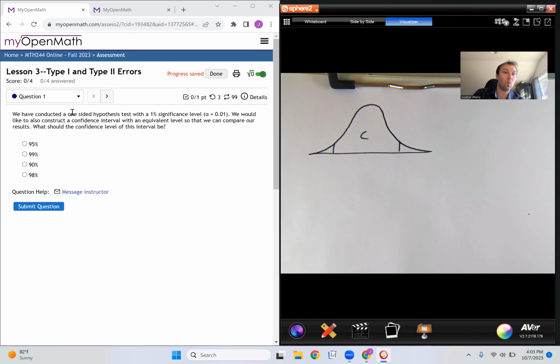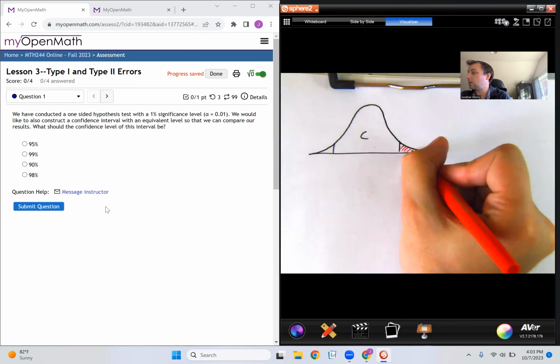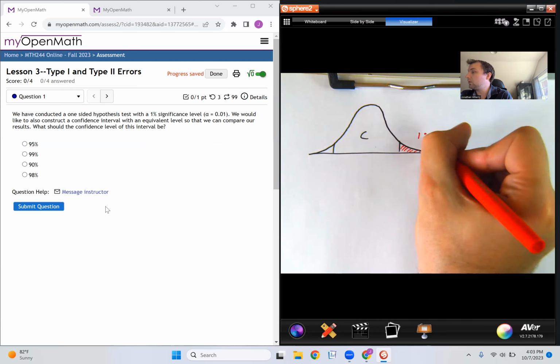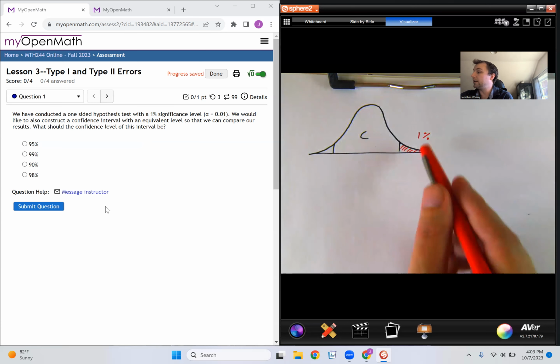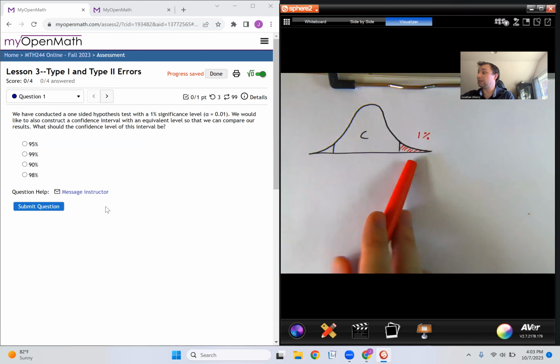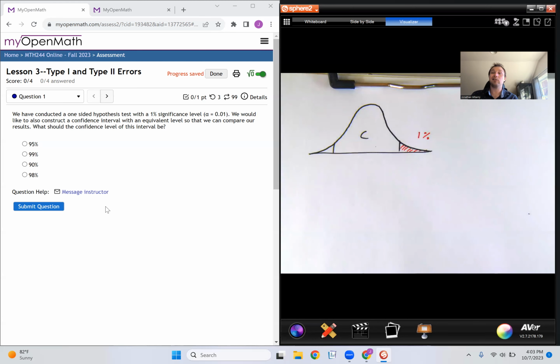It says we did a one-sided test. Okay, so that tells me left or right, it doesn't matter too much. We'll do right. They used an alpha level of 1% for this tail. Now, that means the unshaded tail on this opposite side is also 1%.